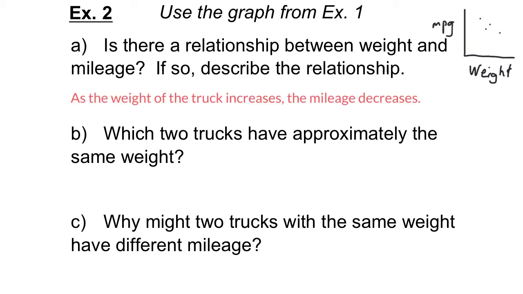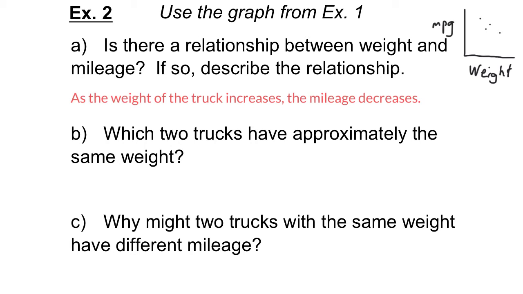So anytime you're asked to describe a relationship, you want to word it like this. As the independent variable increases, what happens to the dependent variable? Does it increase, decrease, or stay constant?